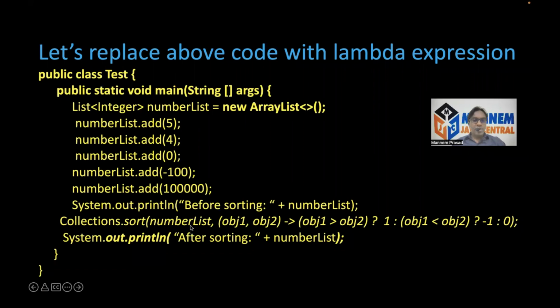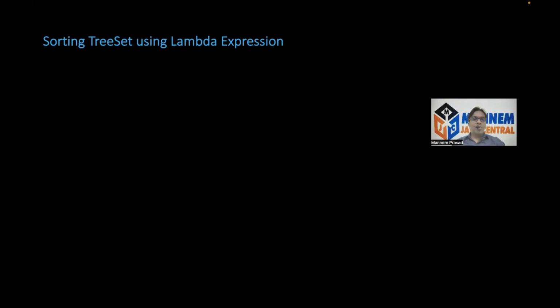One is the array list, and another one is the lambda expression implementation to the abstract compare method in the functional interface. So which functional interface? Comparator functional interface. That's it.